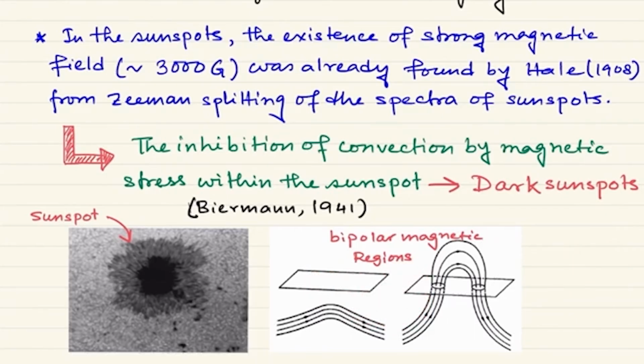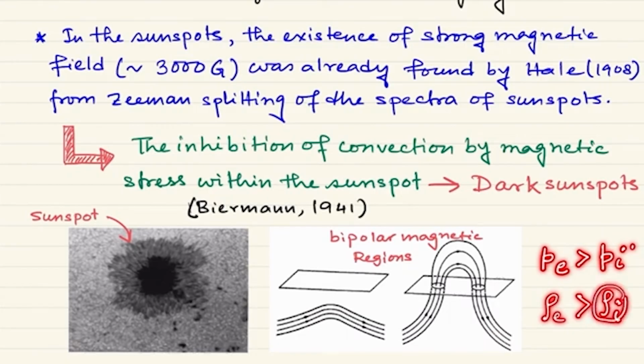So the internal pressure is low, right? The pressure P_E is greater than P_I, and if for simplicity you take an isothermal or polytropic region, you can roughly say rho_E of the plasma will be greater than rho_I. So you have a lighter mass of plasma inside, and a heavier mass of plasma of greater density outside. Then what will happen?